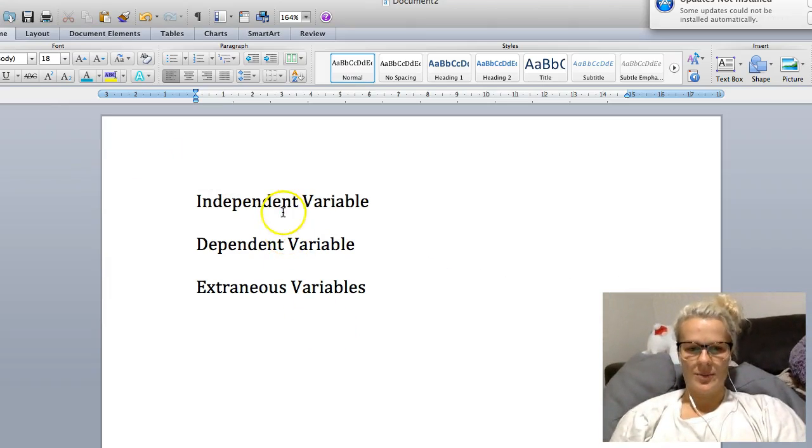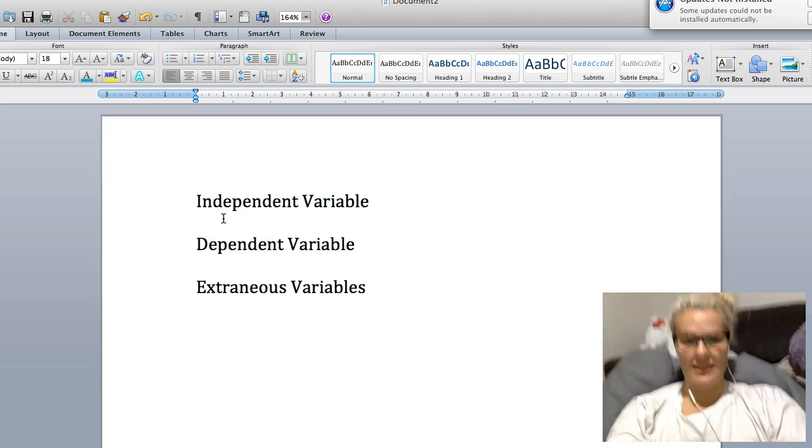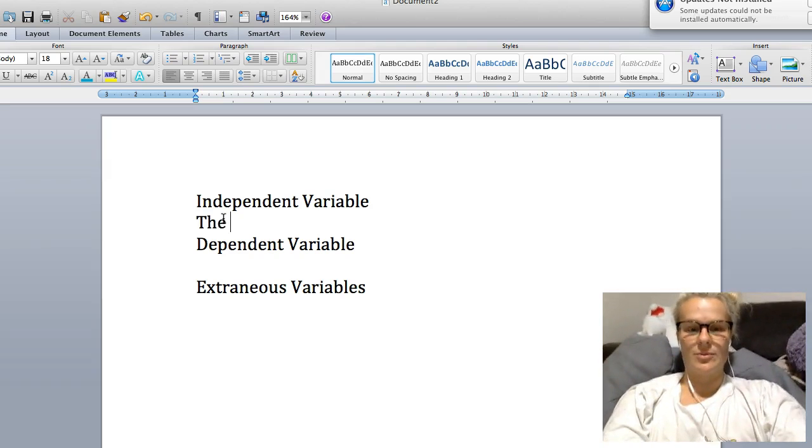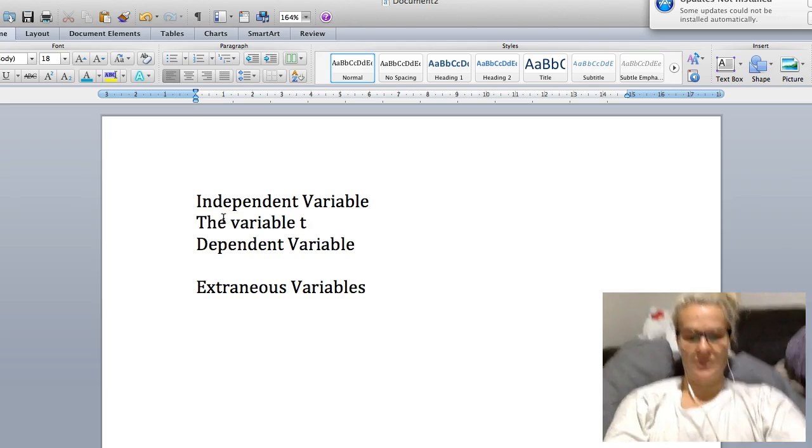Okay, so the independent variable. The independent variable in the research, you should already know. This should just be a recap. So the independent variable is the variable that we change.